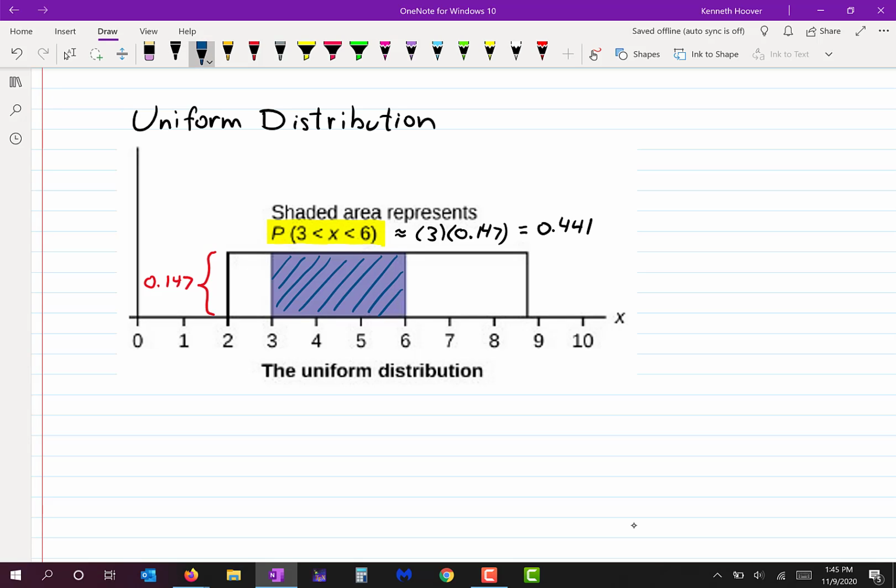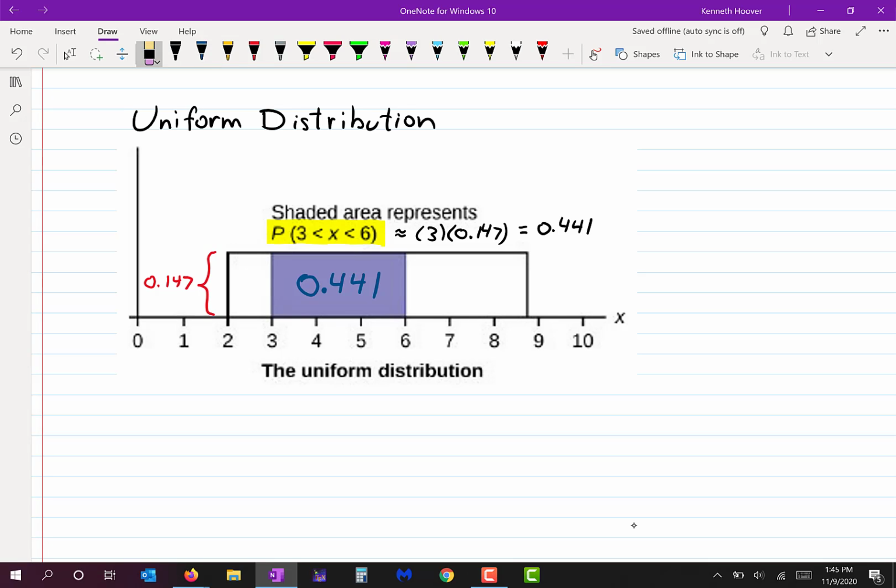So this purple area is 0.441. Whatever variable this is measuring, it has a 44.1% chance of falling between 3 and 6.